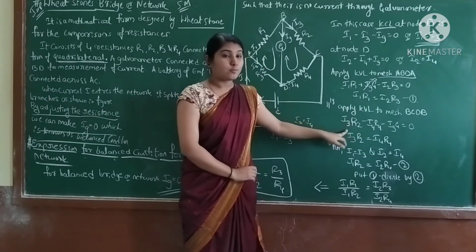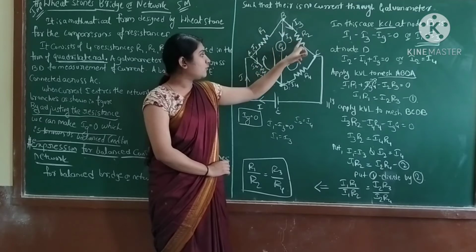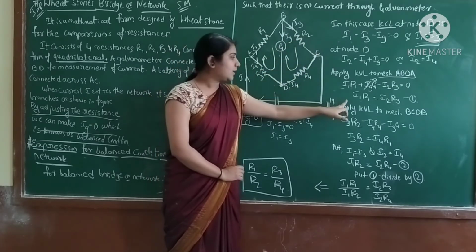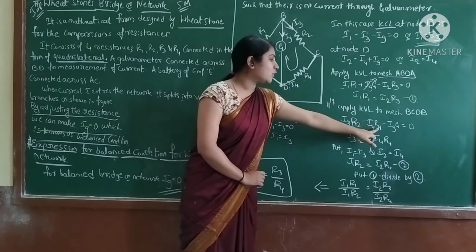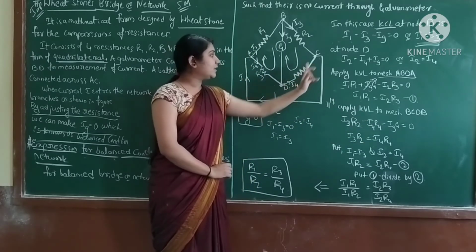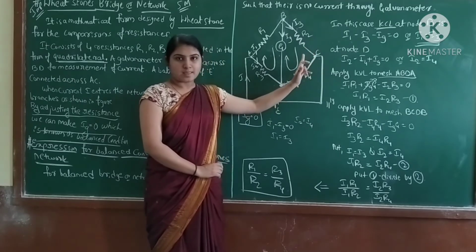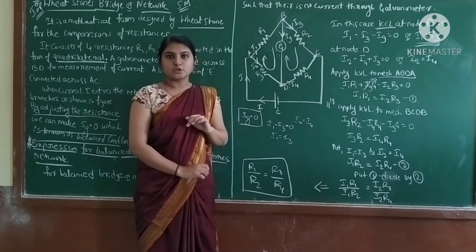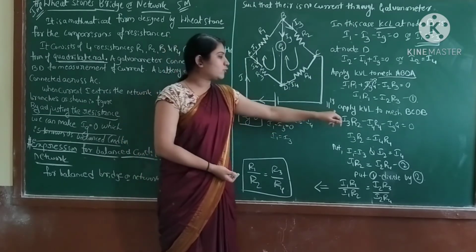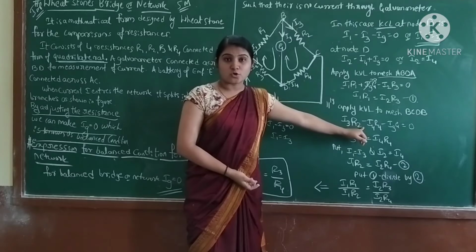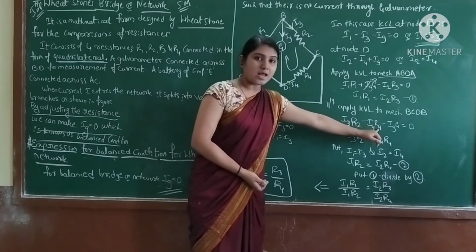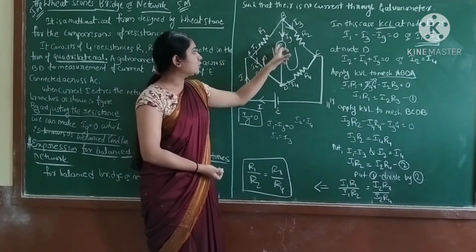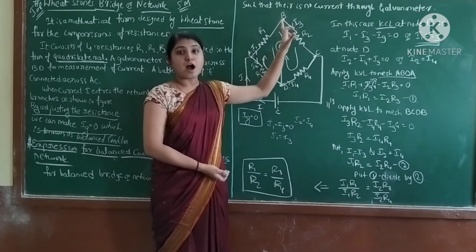I3 into R2, positive, since it is also moving like this. So I3 into R2, take it as positive. Minus I4 into R4, since the current is moving that side. This is upwards, but the current is now downwards, so of course you have to take the negative sign for I4. Minus I4 into R4 and minus Ig into G, since this is also coming downwards but this is upwards.